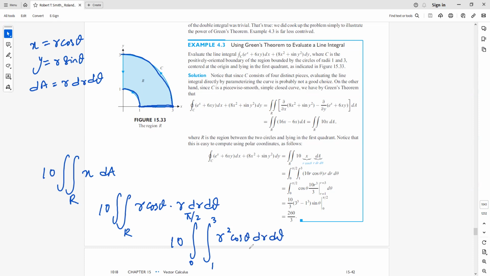Now we can easily compute this integral by first integrating with respect to r. So we get r cubed over 3 from 1 to 3, times cosine theta d theta from 0 to pi over 2, and we have 10 outside. When we solve it, we get the result 260 over 3. So that is how we compute this problem using Green's theorem.